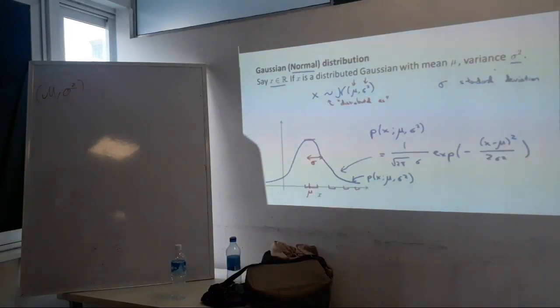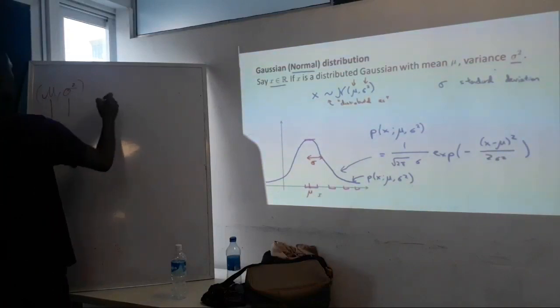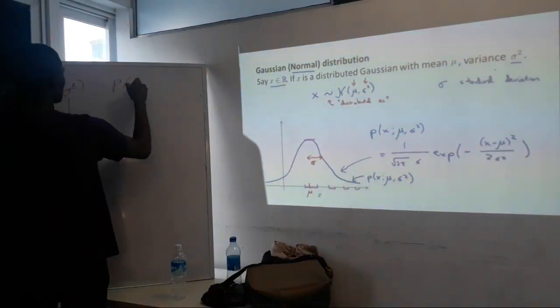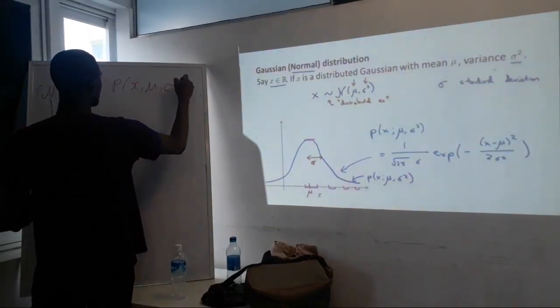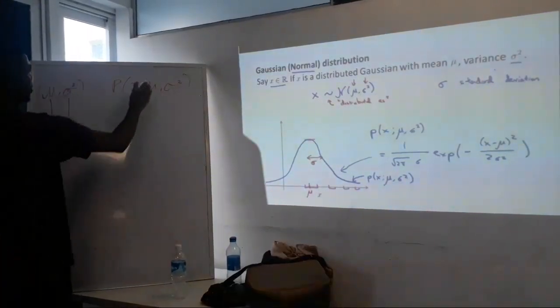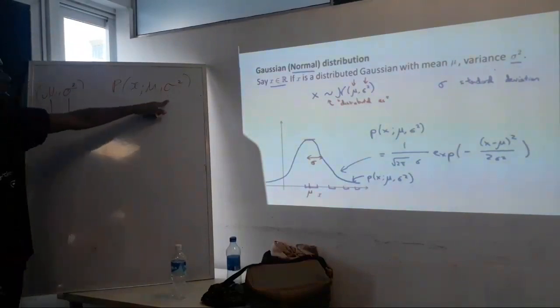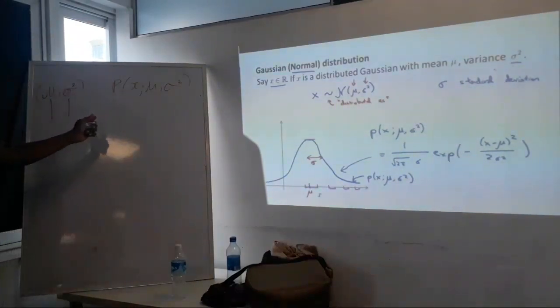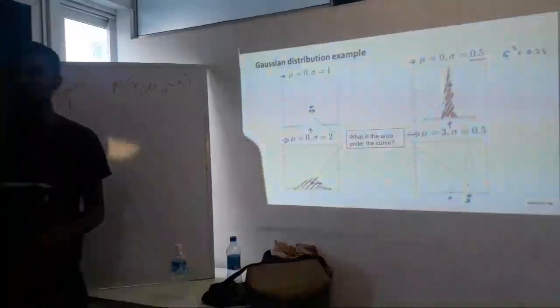So with that, we can get our p. Given the mean and standard deviation, get the probability. So what is the area under this curve?